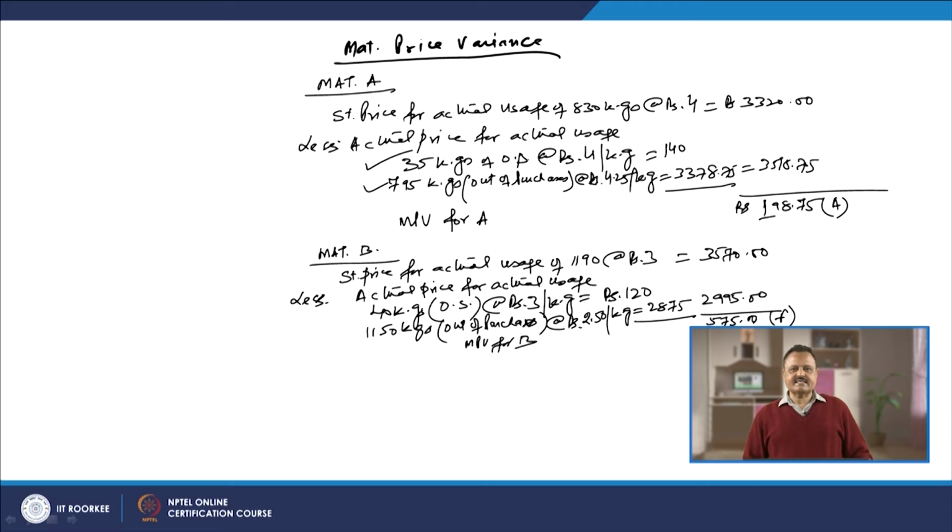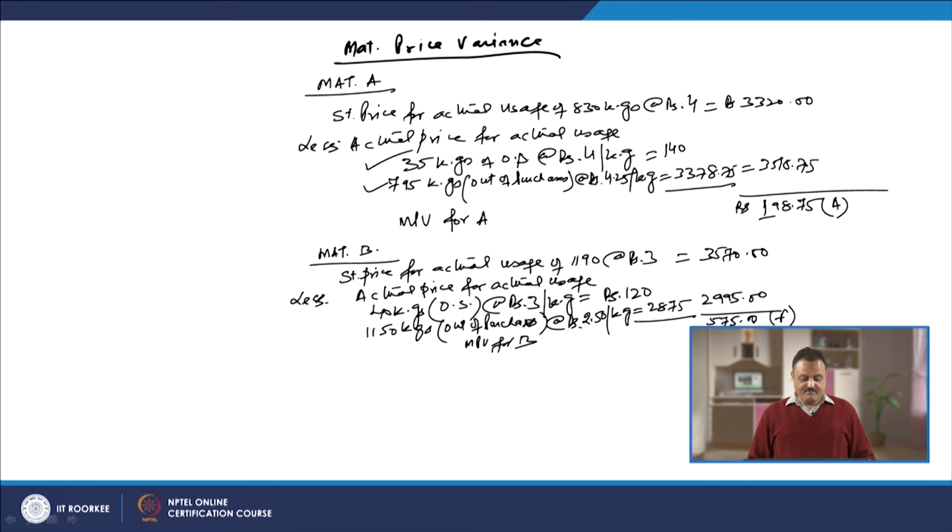Then we further dissected and tried to inquire whether it has been possible because of the material price or because of the material usage. While we calculated the material price variance, we found out that in case of the first input, that is the input A, the variance is 198.75 adverse. It means this product has not caused any favorable cost variance.